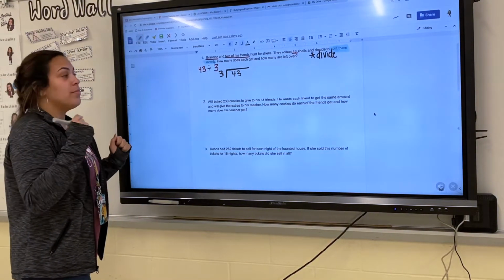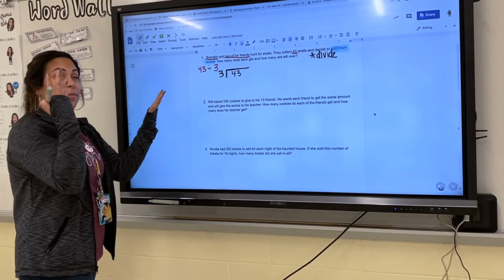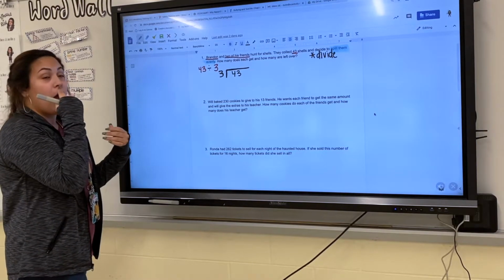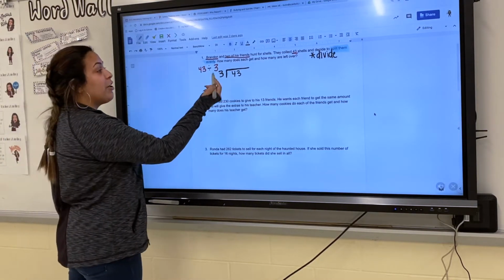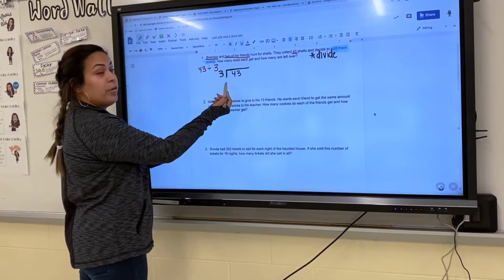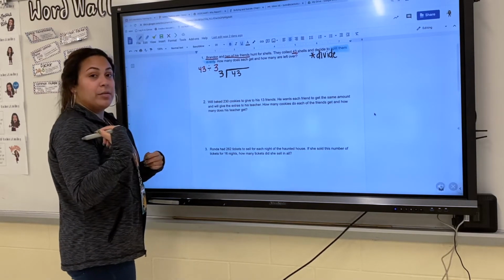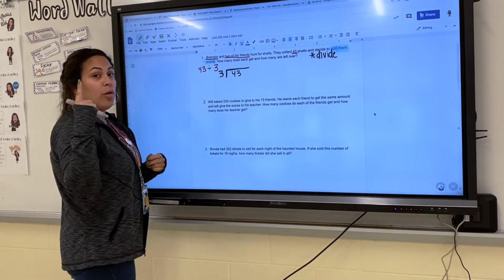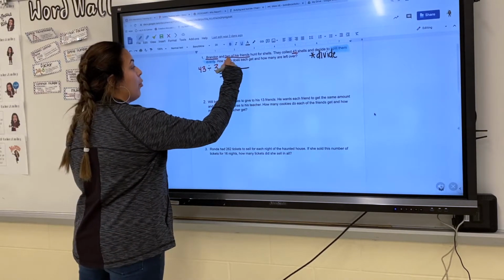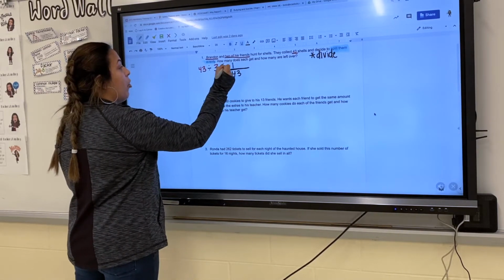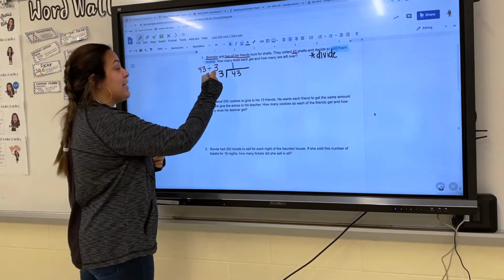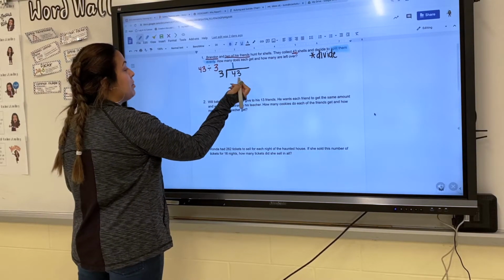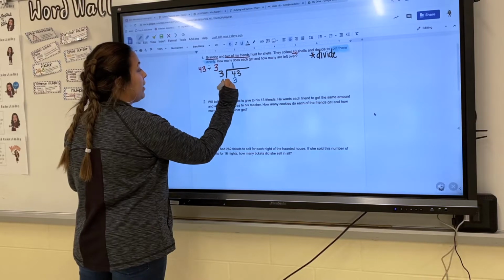So now I'm going to follow our steps to dividing. Our first step is to figure out how many times 3 can go into 4. Well, I know that 3 can go into 4 one time, so I'm going to put 1 at the top. Our second step is to multiply. 1 times 3 is 3, so I'm going to write 3 down here.